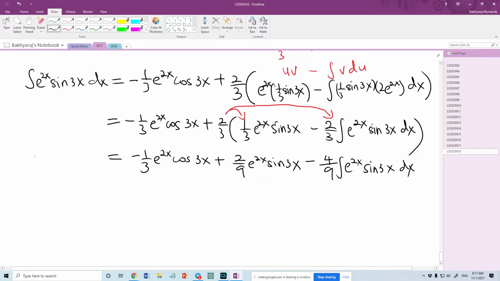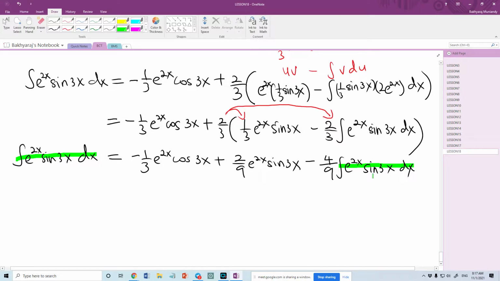Here we have the integral of exponent 2x sin 3x dx. And here also the same thing, we have exponent 2x sin 3x. So we get back the same thing.